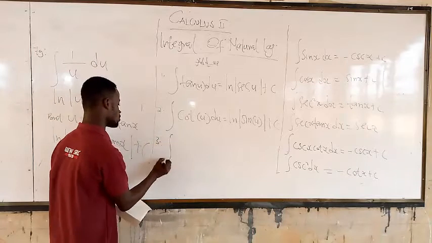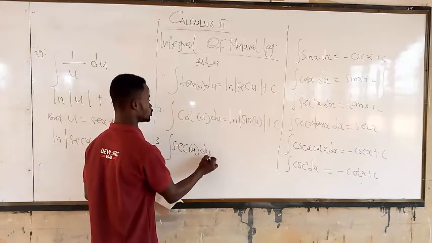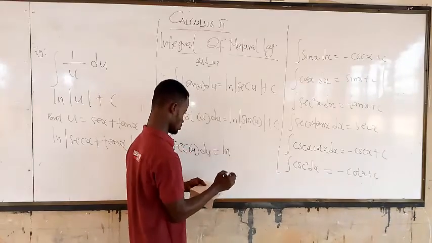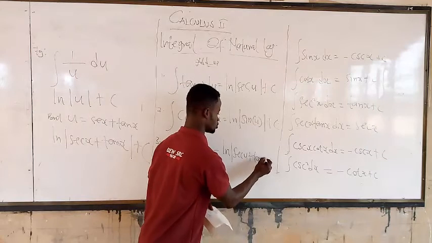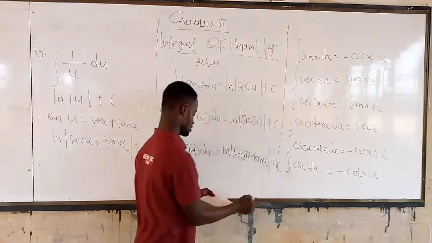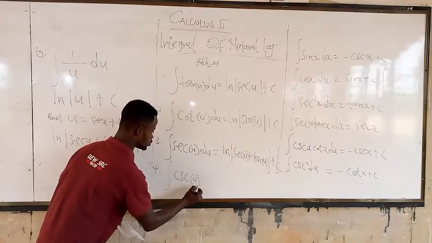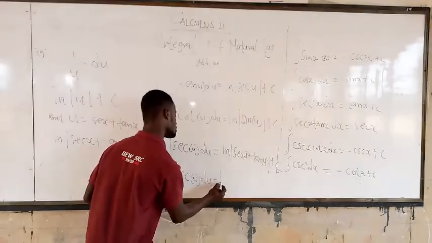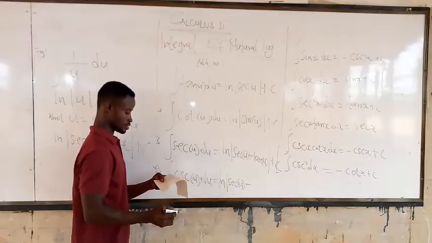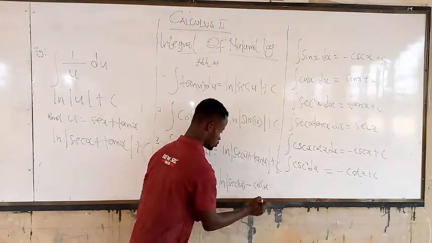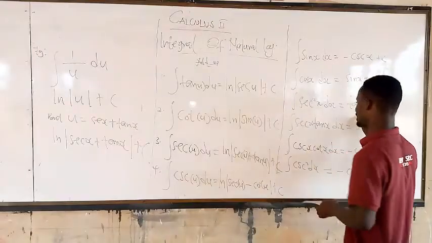And thirdly, when you integrate sec u du, you are going to get ln sec u plus tan u plus C. Lastly, four: when you integrate cosec u du, you are going to get ln cosec u minus cot u plus C. So please, I would like you to add this up to this.